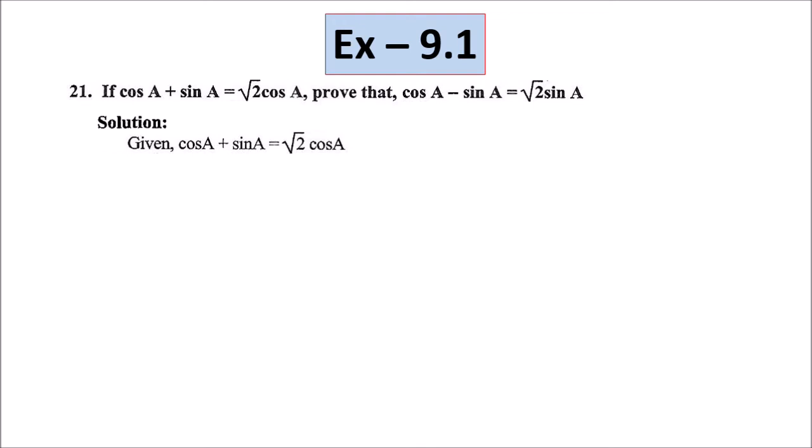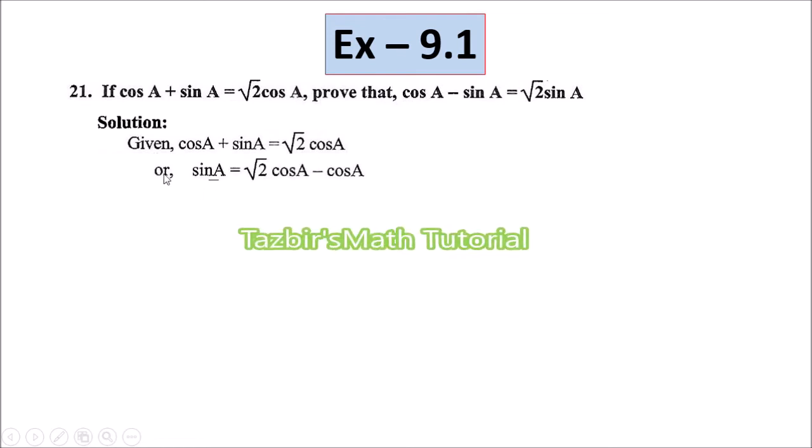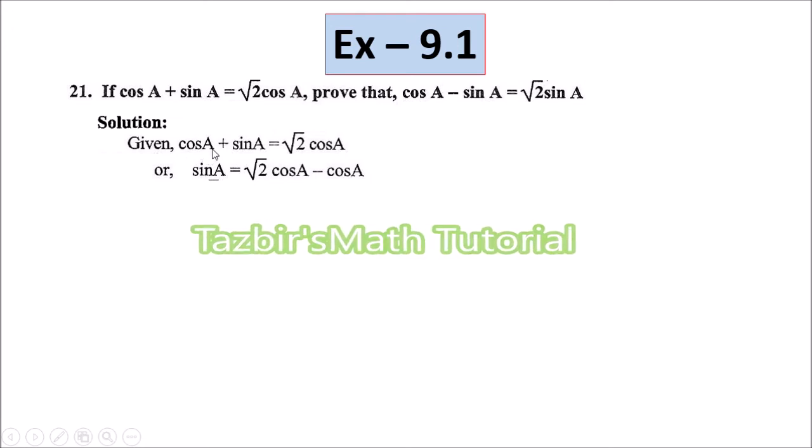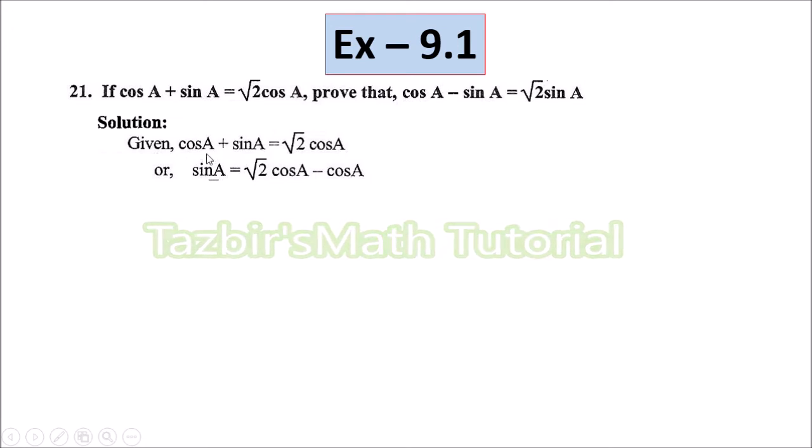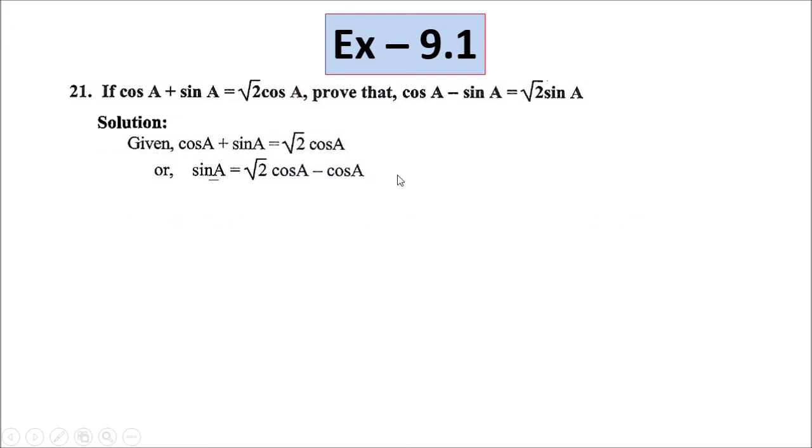So here given, cos a plus sin a equals root 2 cos a. So we can write sin a remains on this side, cos a sent to the right side. You can think why, sir, why sin a will stay? Because cos a is the part here, that's why I'm sending this cos a, because we can take cos a common.